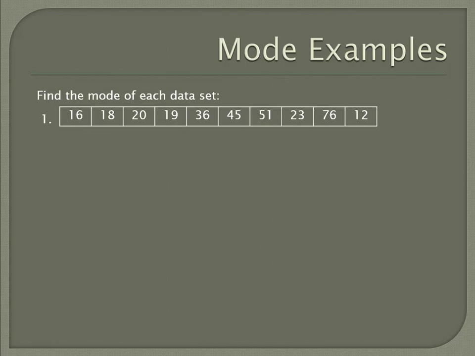But it's fine to calculate, and that's what we'll do here. The first data set is 16, 18, 20, 19, 36, 45, 51, 23, 76, and 12. Well, all of those data items appear only once, and so we say that there's no mode there.